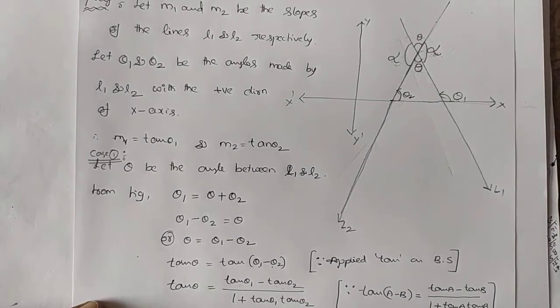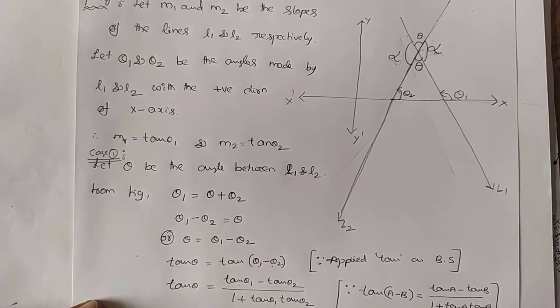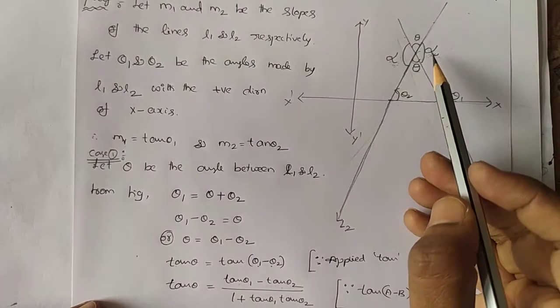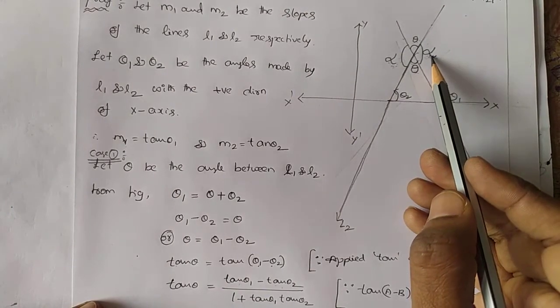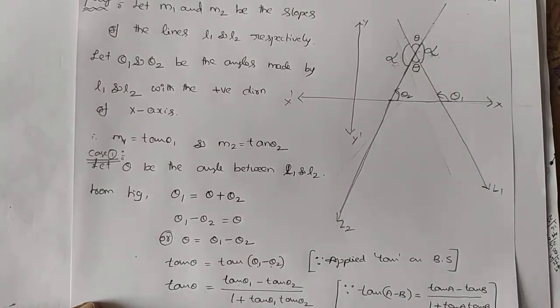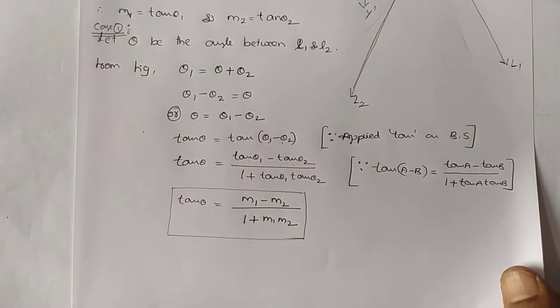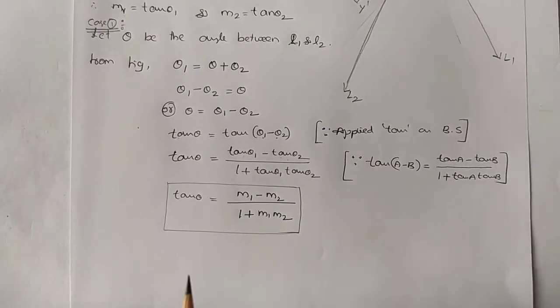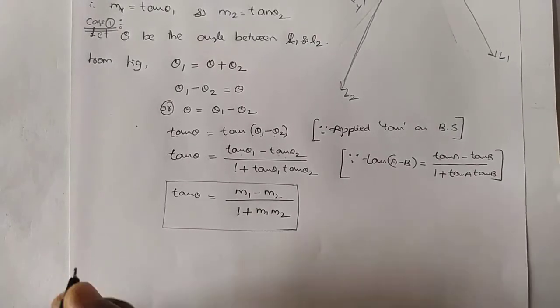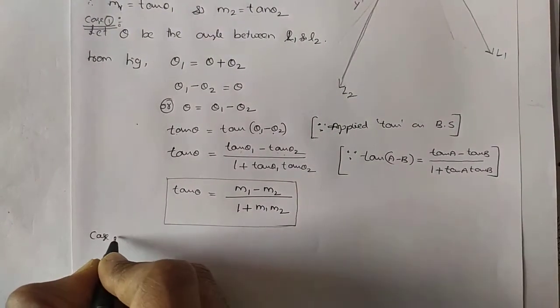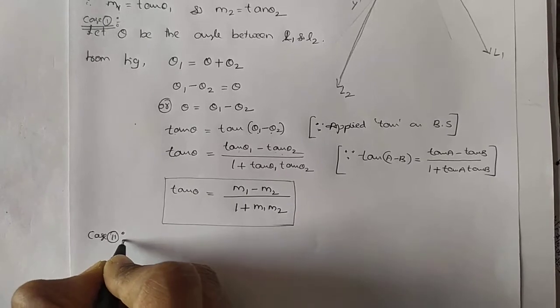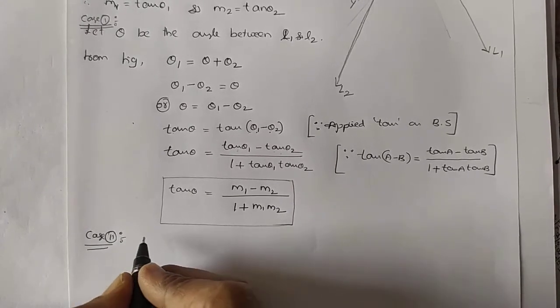Next we are going to find the second case. I mean we are finding the angle alpha. Now we are finding the second case, case 2. Case 2 is what?